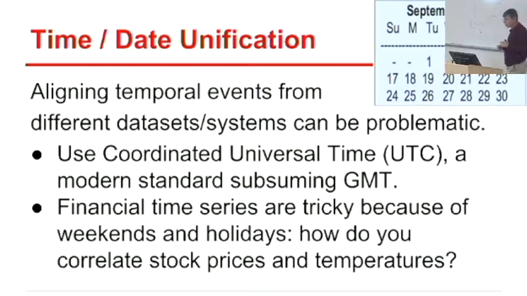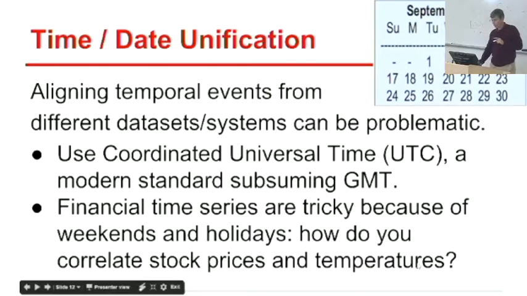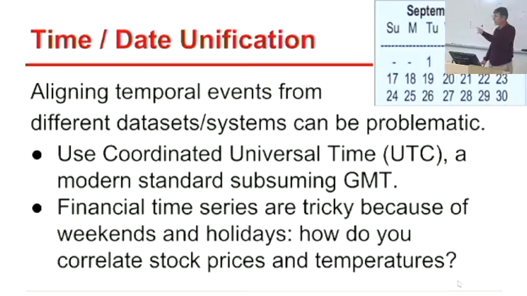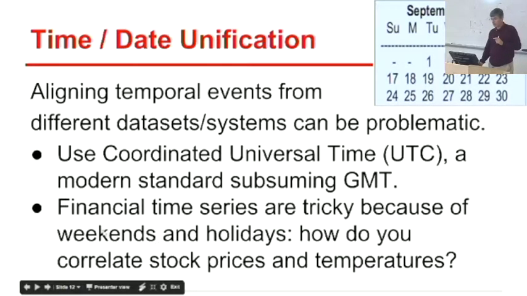But recognize one kind of complication: temperatures are a continuous thing. Every moment of the day there is a temperature. It is not true that every moment of every day is when the stock market is open. And it's not even true that every day the stock market is open. Does everybody see that?